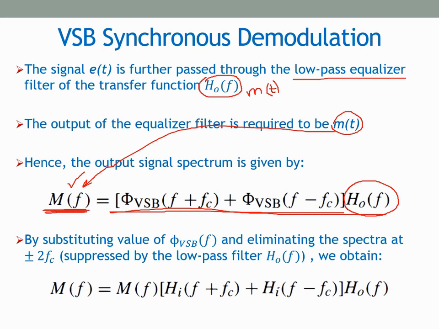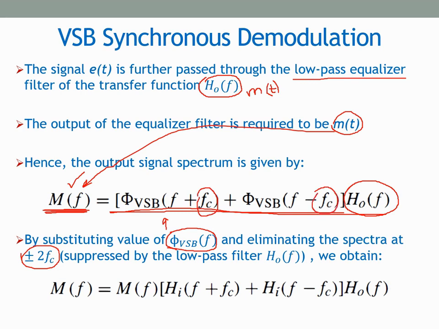Now if we substitute the values of the VSB signal in this expression, and eliminate the spectra at the higher frequencies, because at the receiver this VSB signal, which is already a modulated signal at a higher frequency, is again multiplied by the carrier, that will shift it to even higher frequencies of plus fc and minus fc.